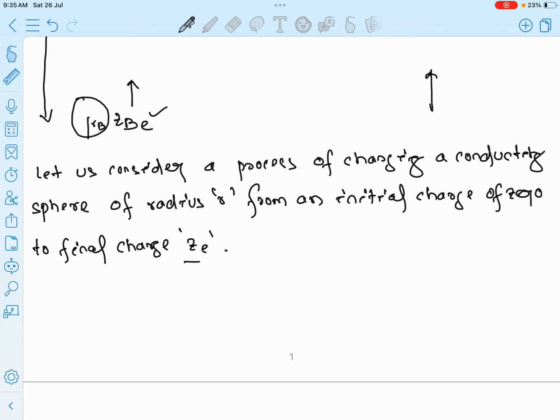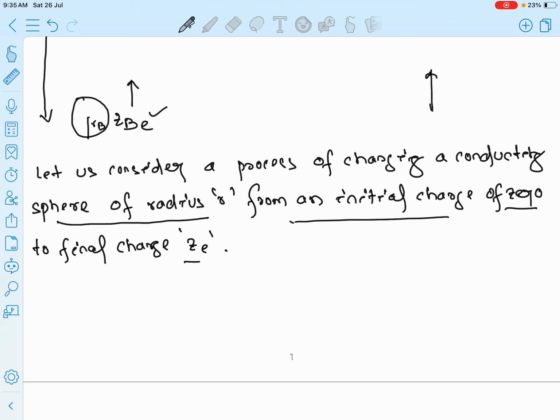Therefore, a sphere of radius r is formed and the initial charge was 0. That means when the ions are far away, at infinite distance, the charge is zero, but slowly, as they come closer, the sphere of interaction or activated complex forms due to the interaction of the two ions.